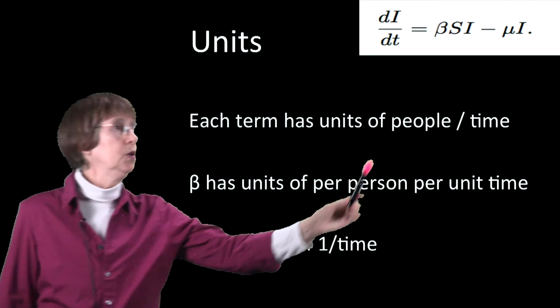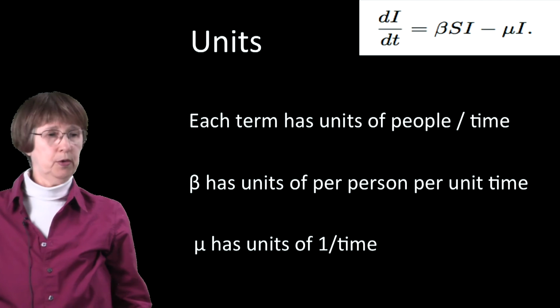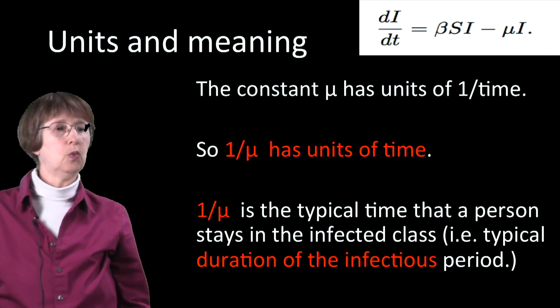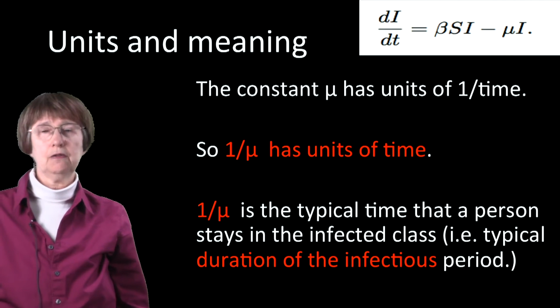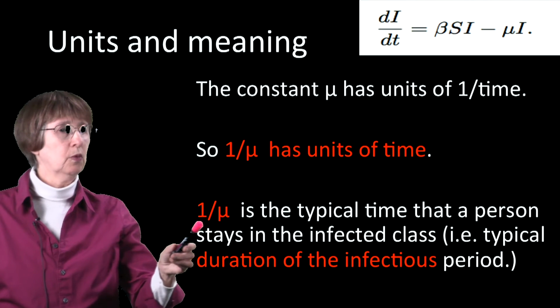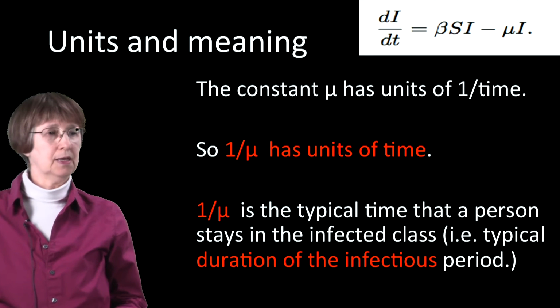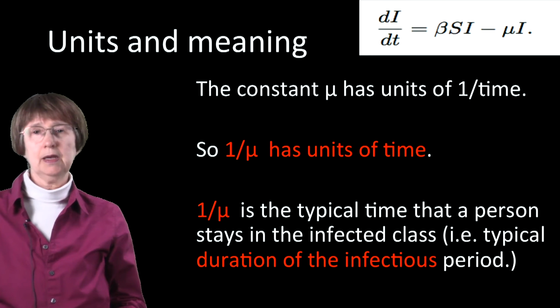We see that mu, the constant sitting up here, has to have units of 1 over time. So the reciprocal, 1 over mu, is going to have units of time. In fact, 1 over mu represents a typical time scale that the person stays in the infected class, i.e. the duration of the infectious period.